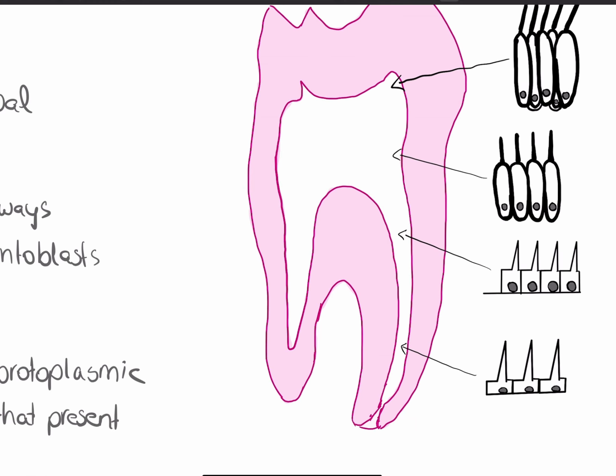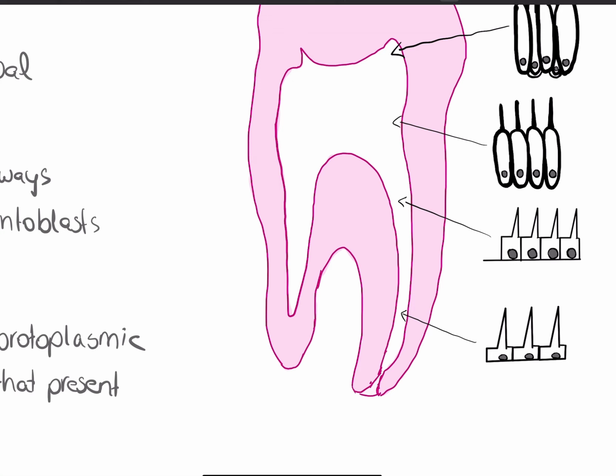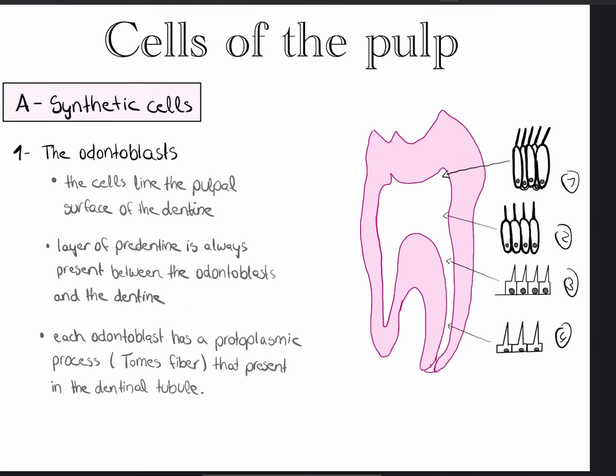The third, in the mid portion of the root canal, they become cuboidal in shape. And in the apical area of the root canal, they become flat cells. So here, 1, 2, 3, 4. And these four are the odontoblasts.